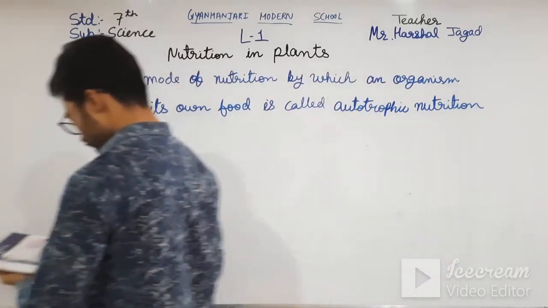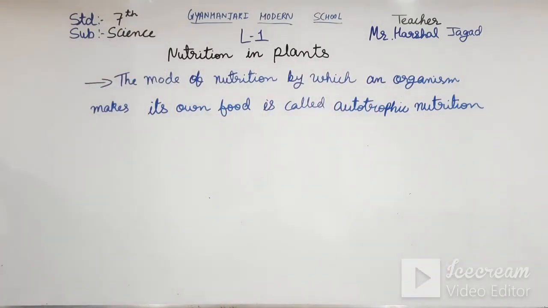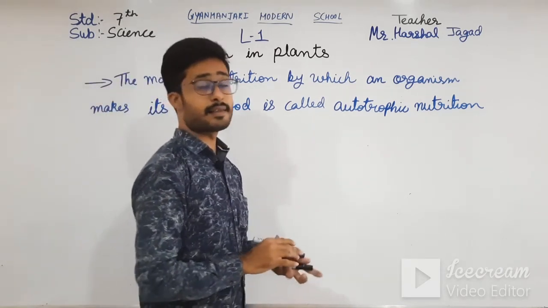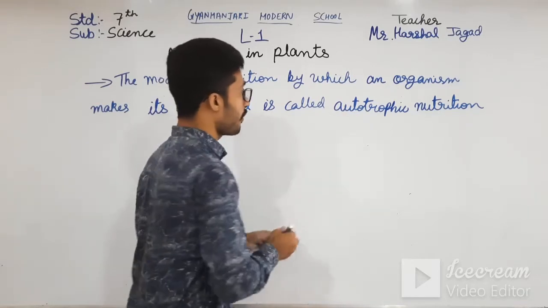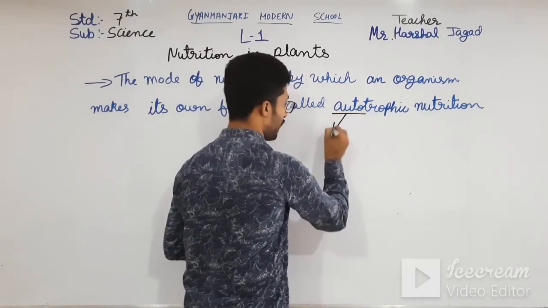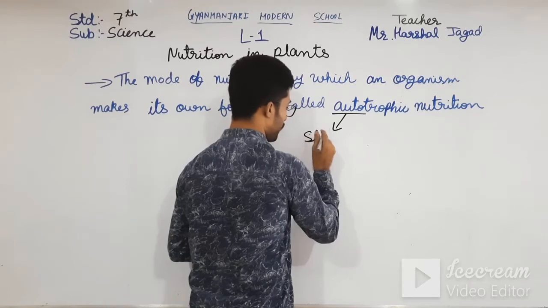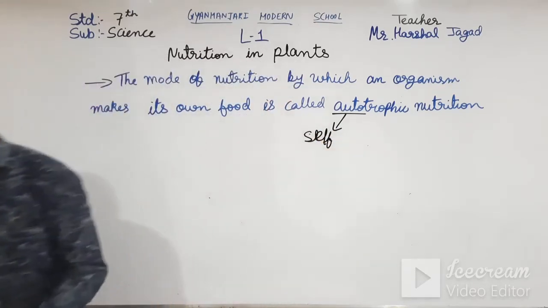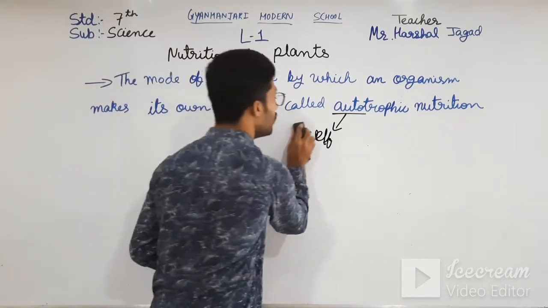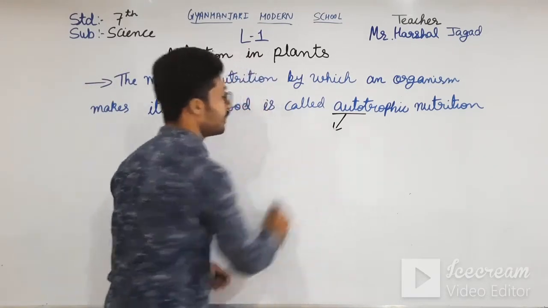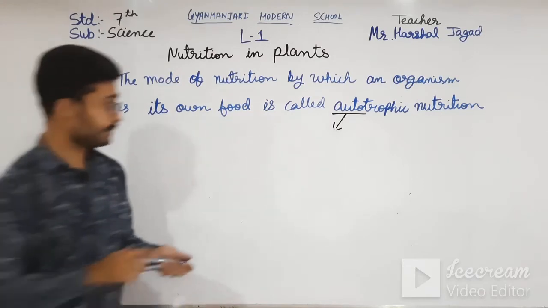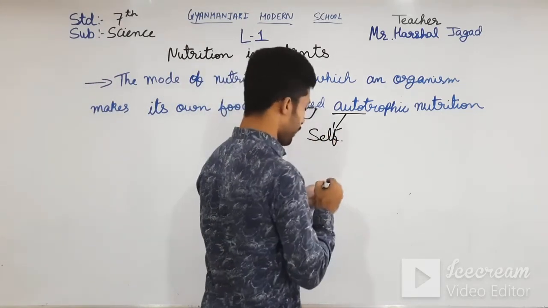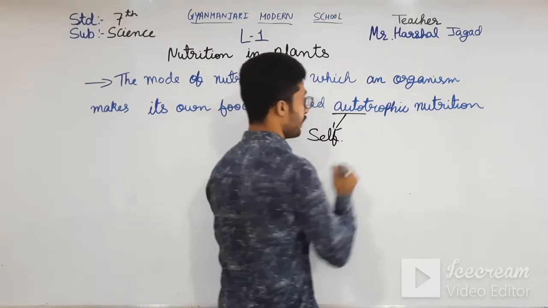Okay students, here the word is described: autotrophic. Auto means self, and trophic means nutrition.